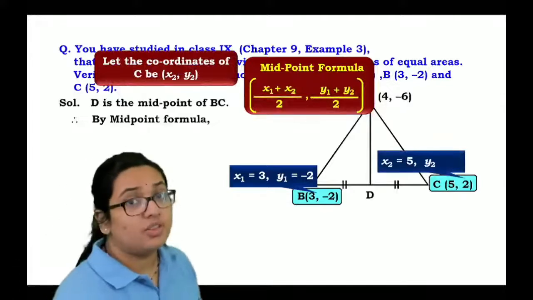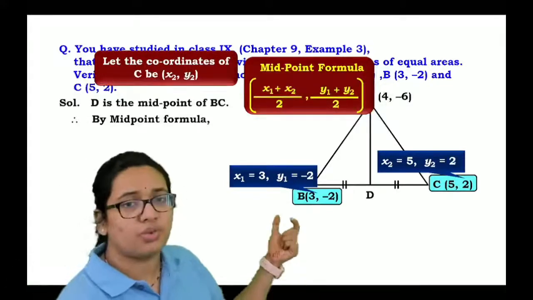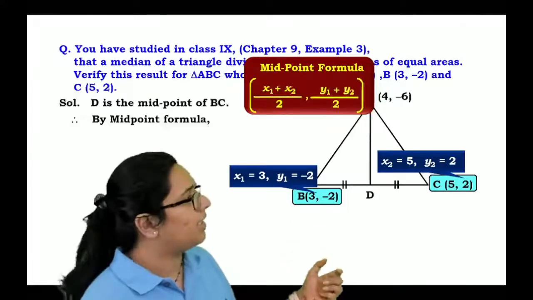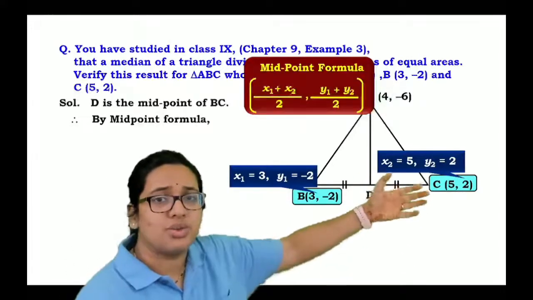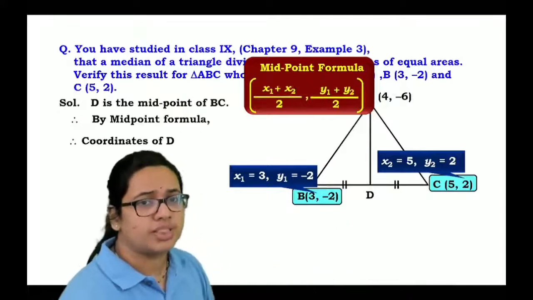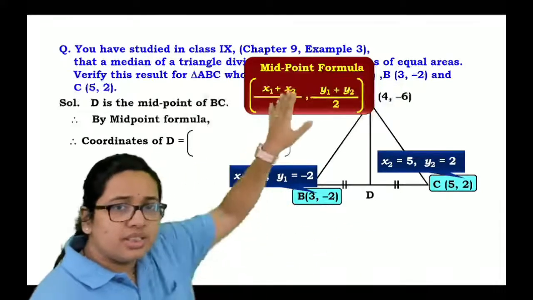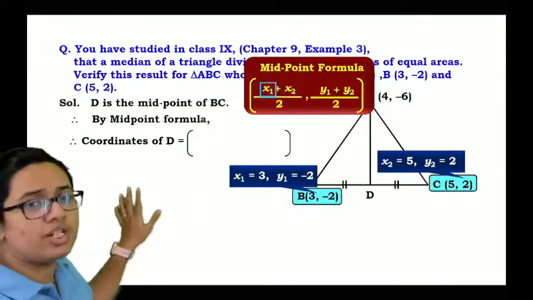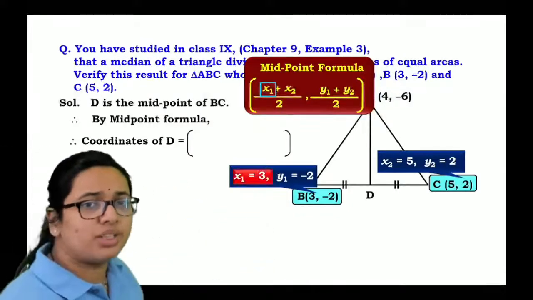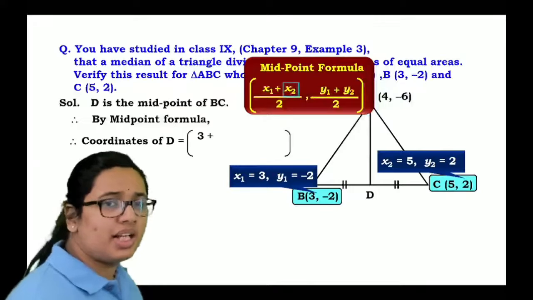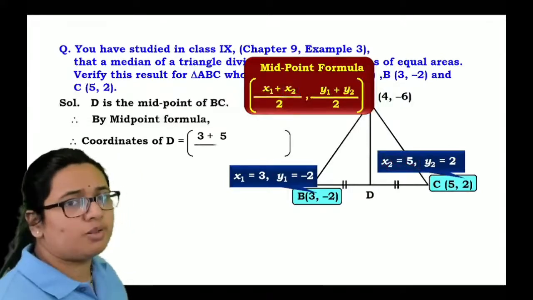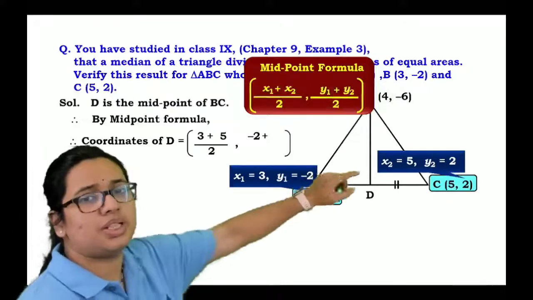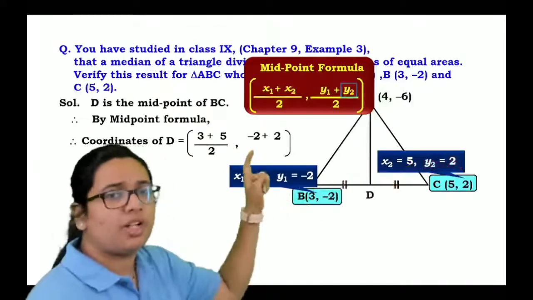So for that, we'll put the values of x1 and y1 as (3, -2), and the values of x2 and y2 are the coordinates of C. Hence, using this midpoint formula, we can easily write the coordinates of D, which is x1 plus x2 divided by 2, comma, y1 plus y2 divided by 2.